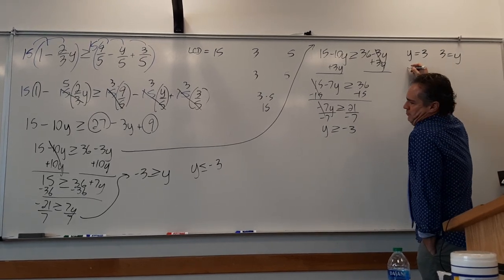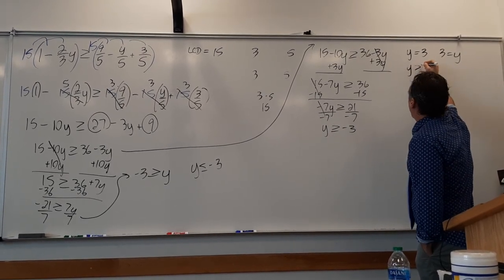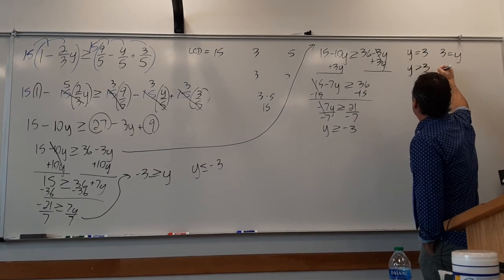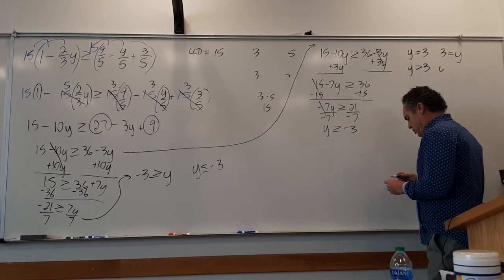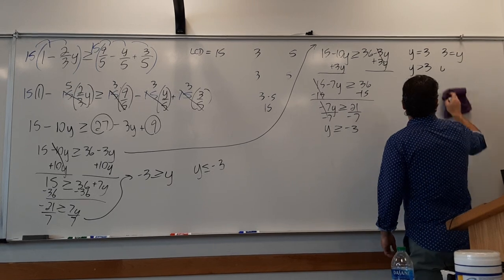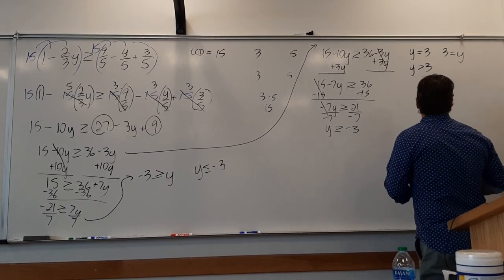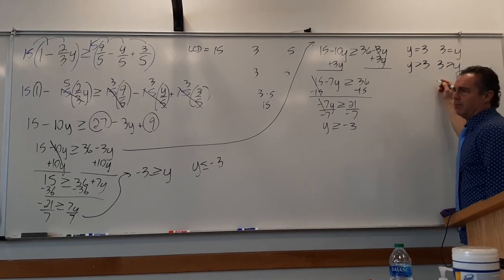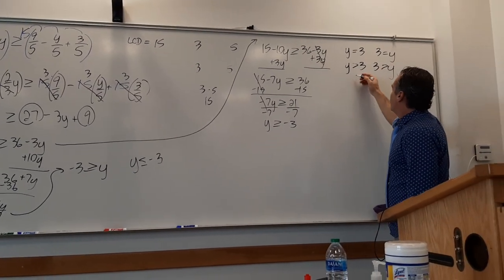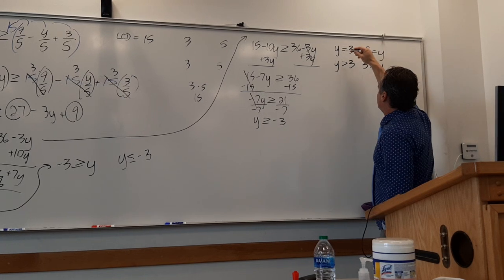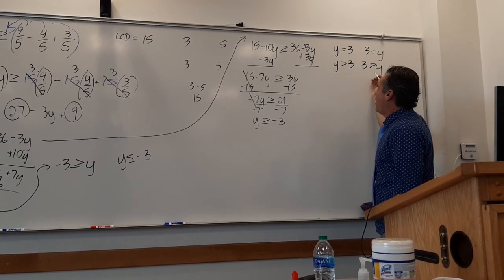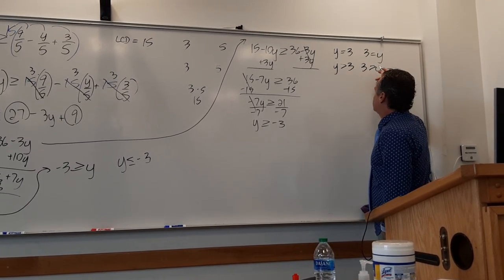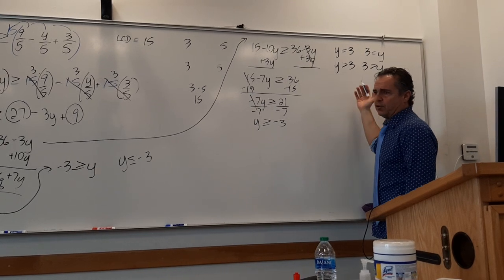But if I have y is more than 3, I can't just change this up and say 3 is more than y. Those are not the same, right? The 3 and the y can change sides with an equal sign, but they can't change sides with an inequality sign. Y is on the more than, y is on the less than. These are different. Agreed?